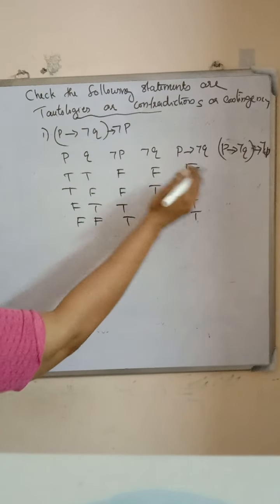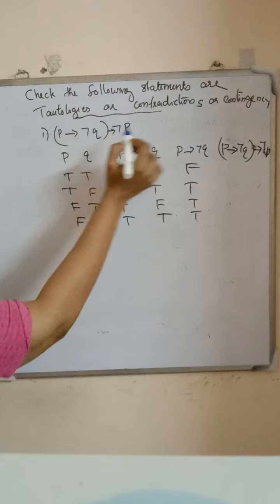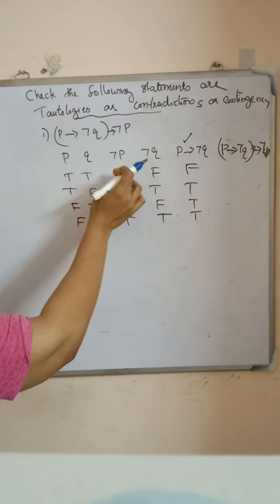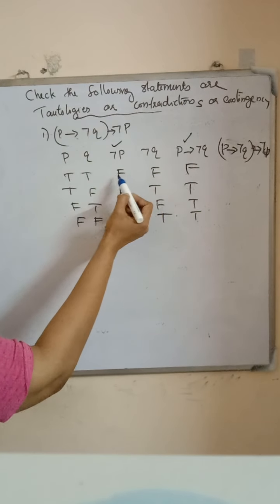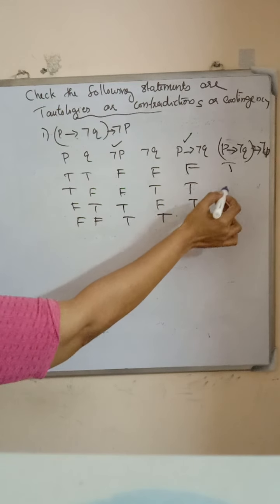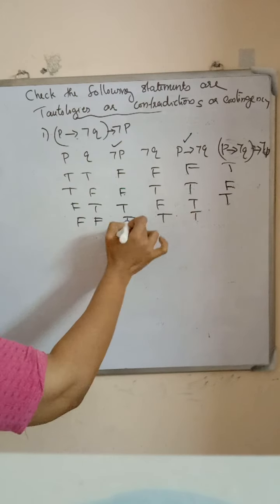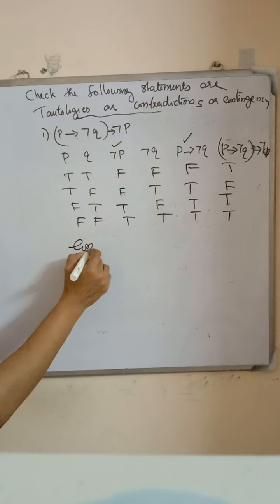But in the last column, P conditional negation Q, conditional negation P: the first statement is P conditional negation Q, and the second is negation P. False implies false is true. True implies false is false. True implies true is true, and true implies true is true. So this is not a tautology, not a contradiction. So this statement is a contingency.